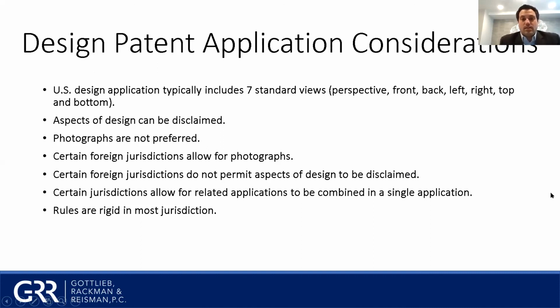So that's a cost savings in those regions where, for example, you have a bunch of lighting products that are related, or a bunch of handbags that are related, or jewelry products, you can put those in a single application, or hopefully less than, say, in the US, you file 5 applications, you might be able to file 1 or 2 in Europe. And that can be a cost savings to a client, and you still are obviously obtaining the same protection you would have whether they were filed in 1 or 5.